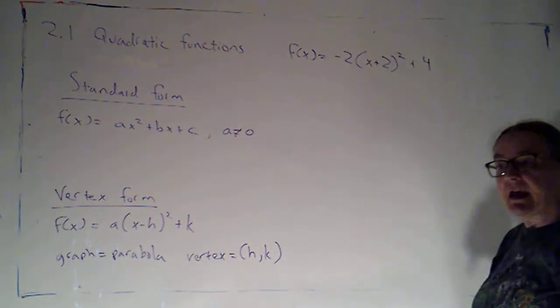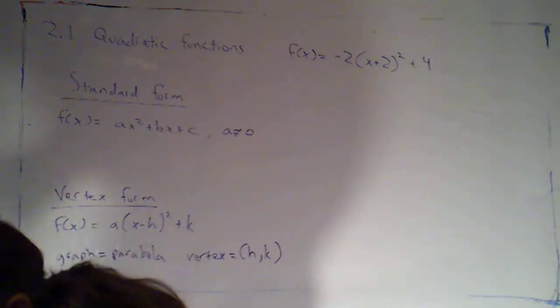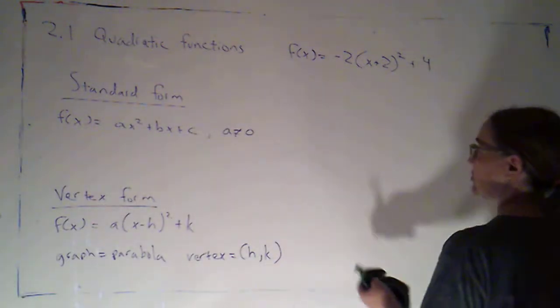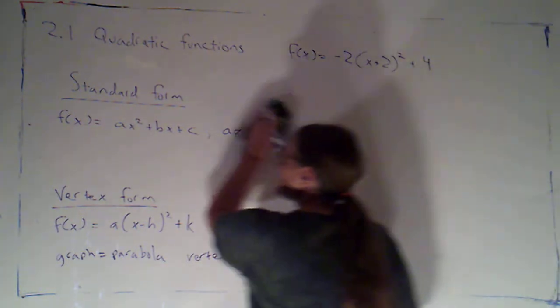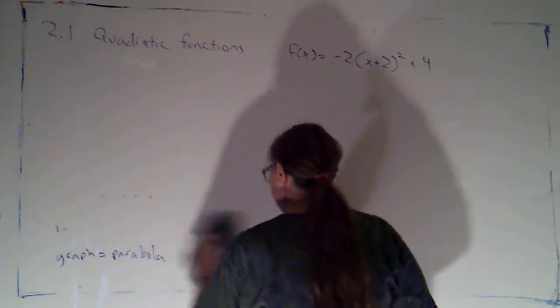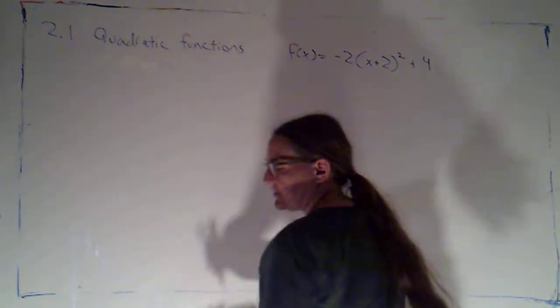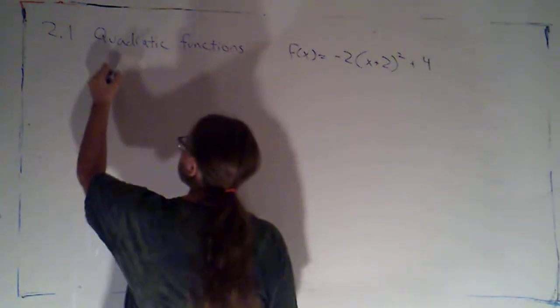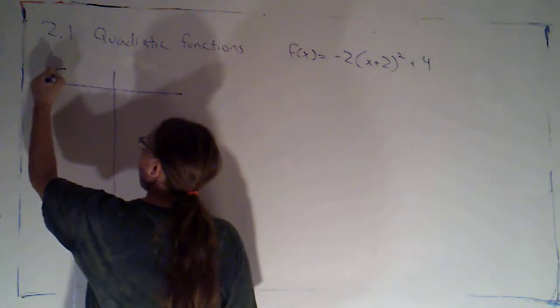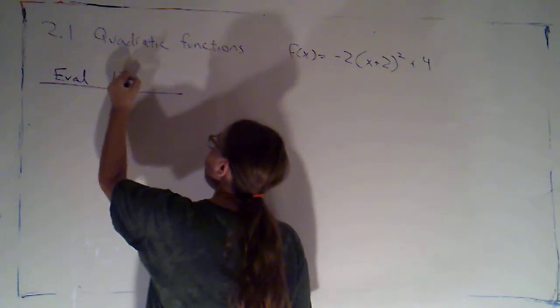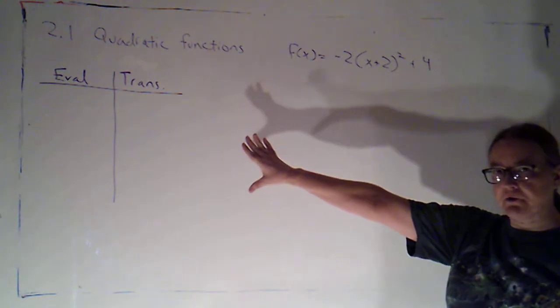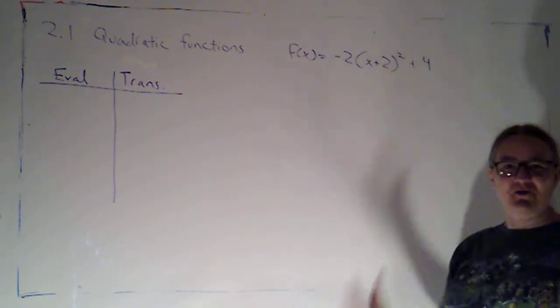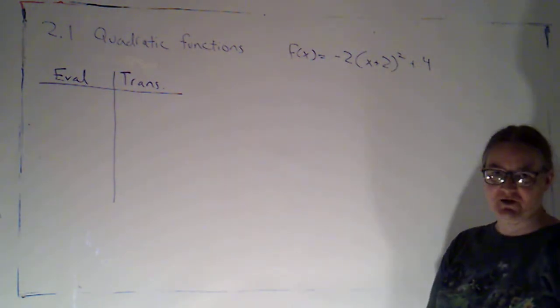Okay, now if I were to graph this just using the transformations that we've done in the past, I would say, okay, let's create our table where we list what we would do in evaluating the function and then the corresponding transformation. I'm going to go ahead and work through that and then just point out some shortcuts that we have in this particular case.